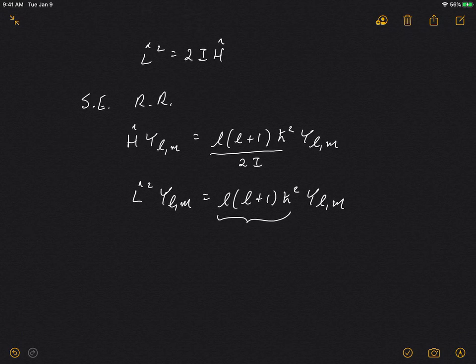So this is the expression for the eigenvalues of L squared acting on the Y_lm function. And another thing I would like to remind you of is that little l is the angular momentum quantum number.